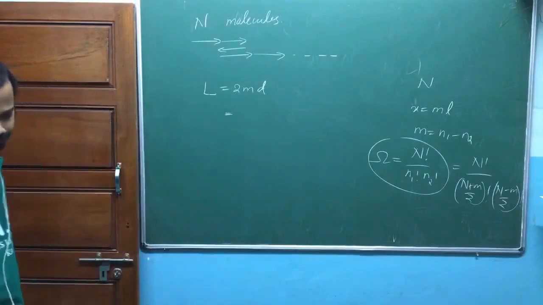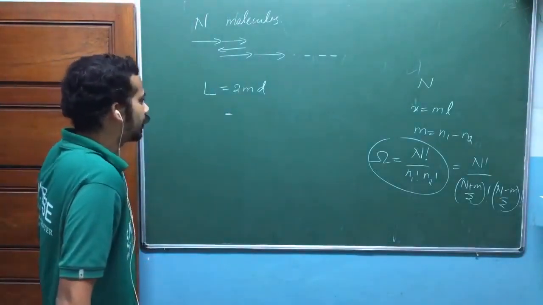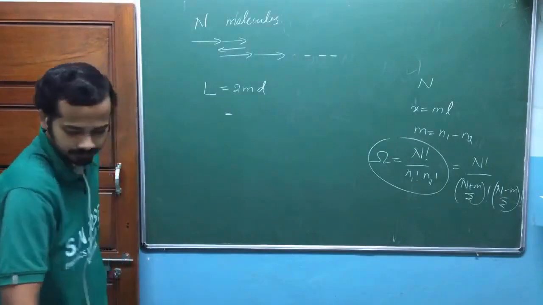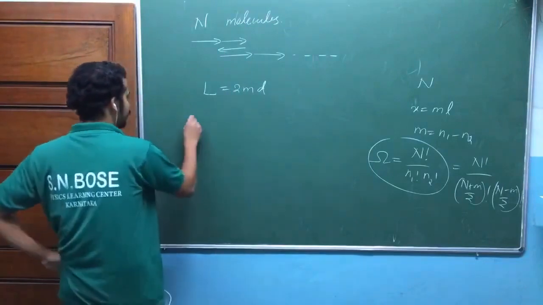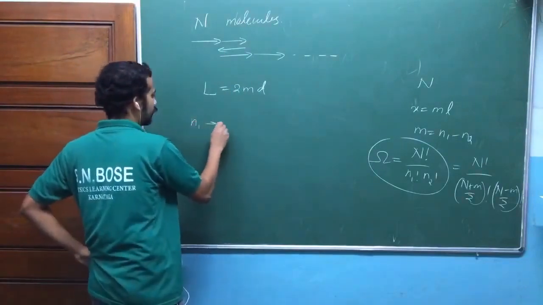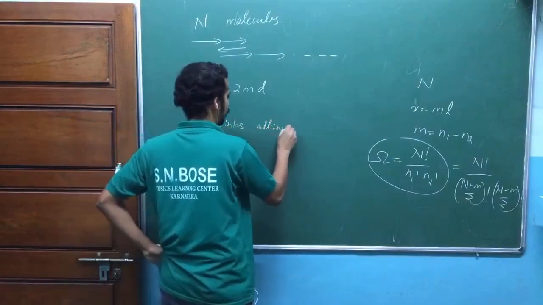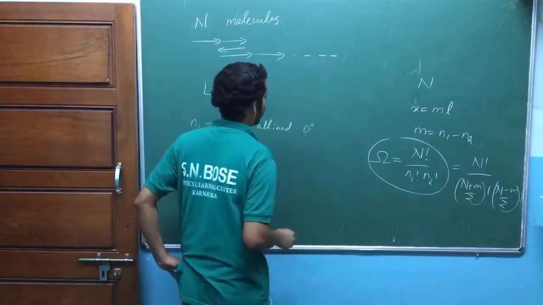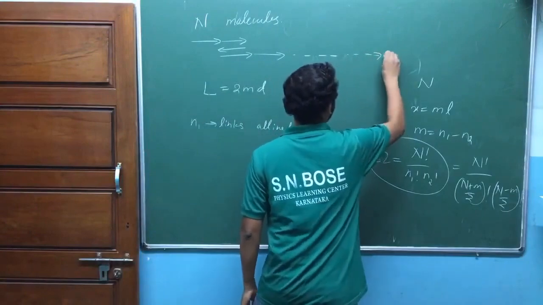2m into d. You should imagine that as some integer. Now let me take it like that. So there are n1 links aligned at 0 degree with respect to the x-axis. Let me take the x-axis like this.